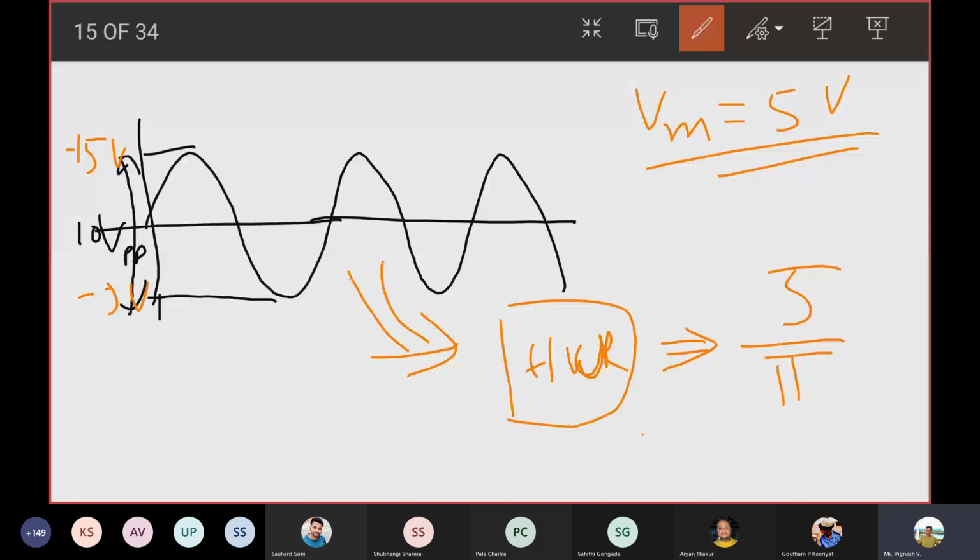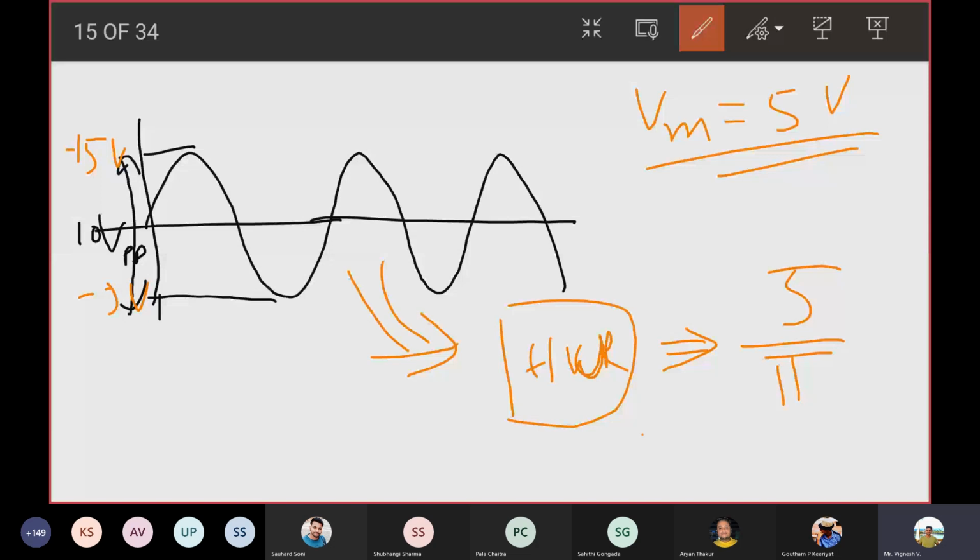Ideally speaking, the end goal is to ensure that you get an output DC value which looks like this. It should be a constant value. Maybe in the first half cycle it will take some time to get charged, but later on you should get a constant value.